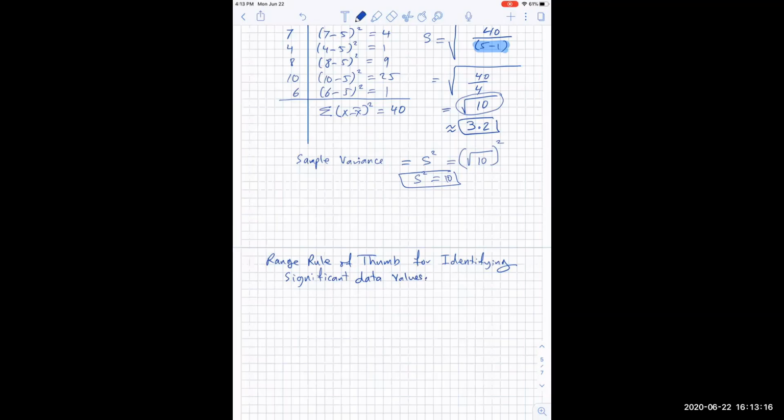Very common, very useful rule that can be used to quickly determine whether a given data value is significant or not significant.